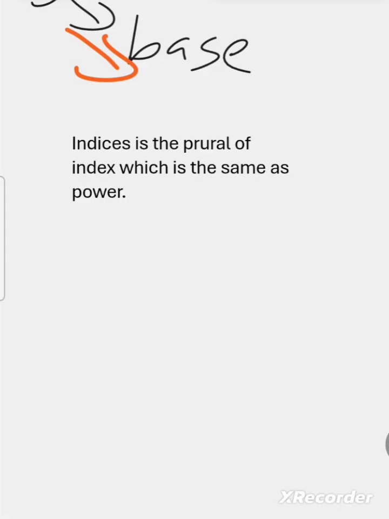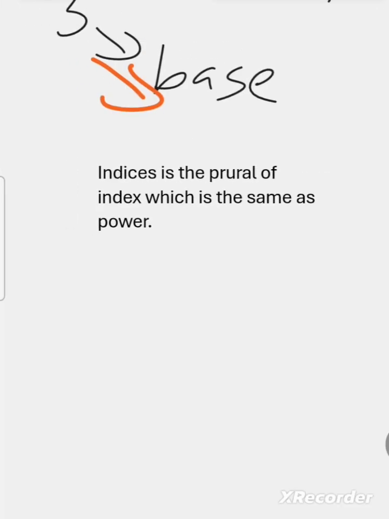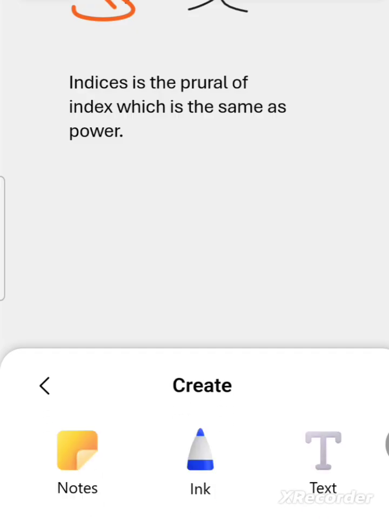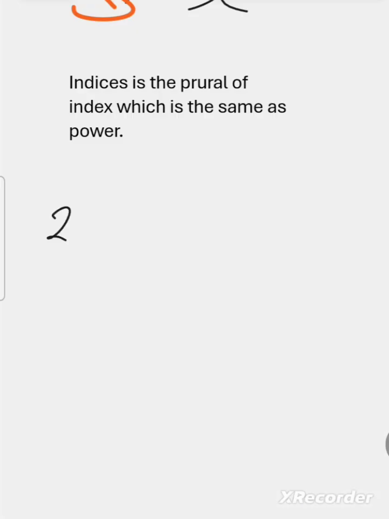Before we move to something else, I've said if you are given numbers and you are told to express the number in index form, you must have a base and also the power. For example, you can be given 25 and told to express this number in index form.